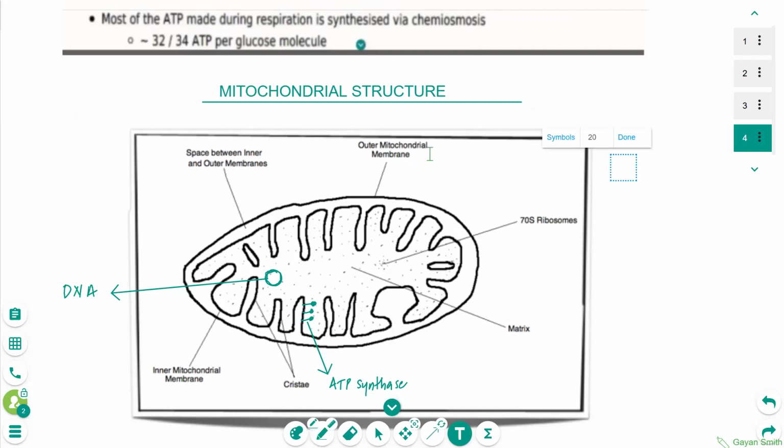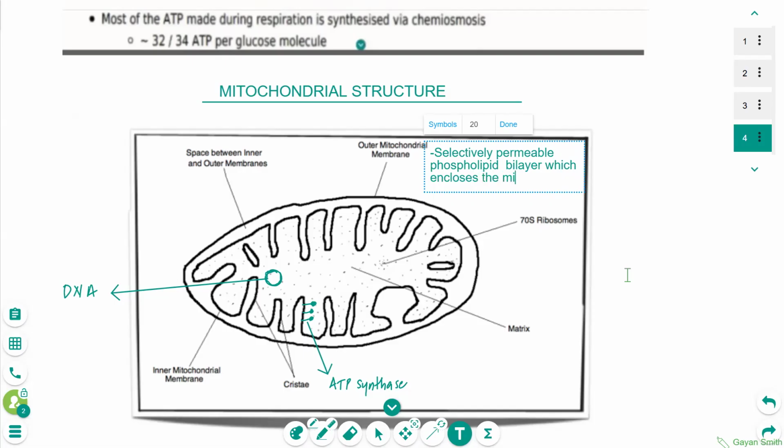For example, the outer mitochondrial membrane is a selectively permeable phospholipid bilayer which encloses the mitochondrion and controls the entry and exit of molecules.